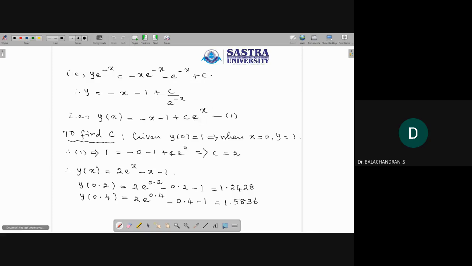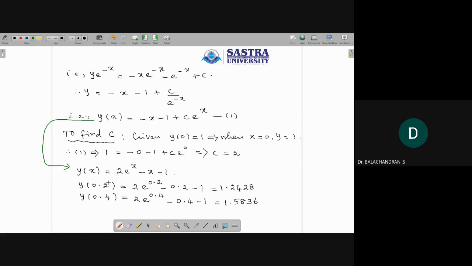So C equal to 1 plus 1, that is C equal to 2. Okay. Now substitute the value of C equal to 2 in 1. So y of x is equal to 2 into e power x minus x minus 1. So I got y of x.